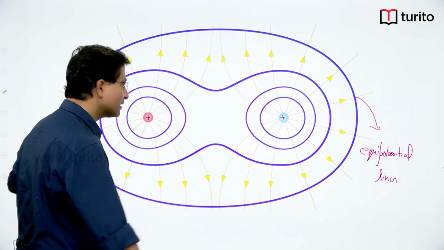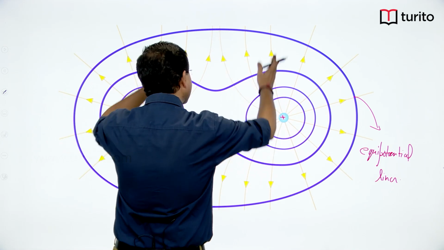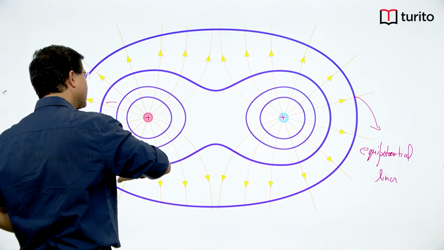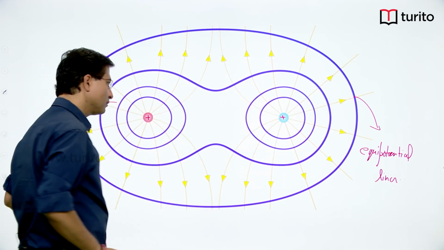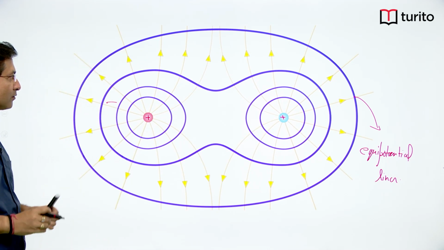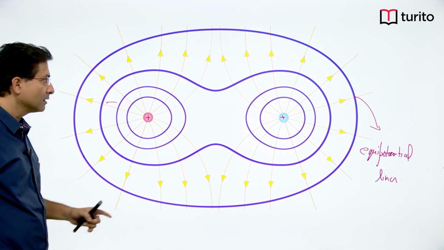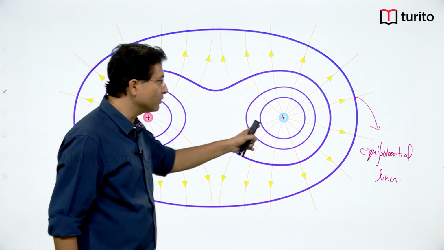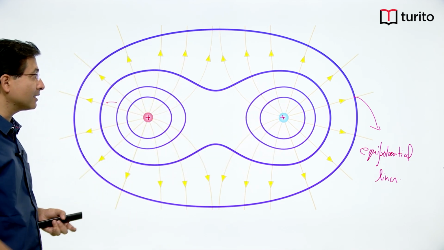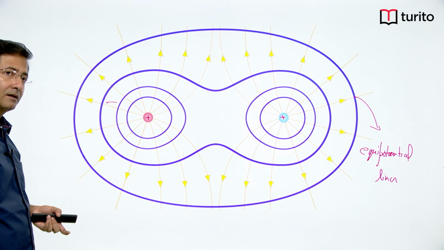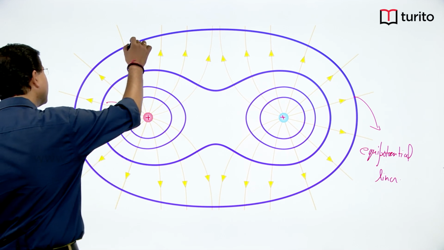The electric field in space we already discussed, it will be something like this, and if I draw equipotential lines keeping potential fixed, then these lines will be something like this. We can find the mathematical expression for these lines by considering one of the charged particles.